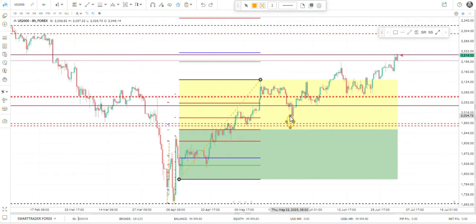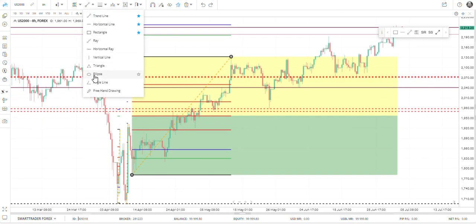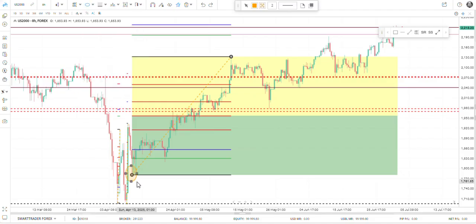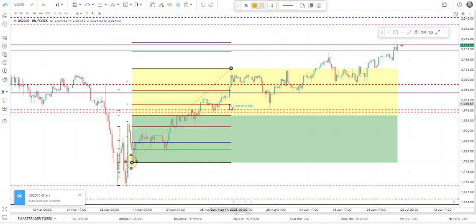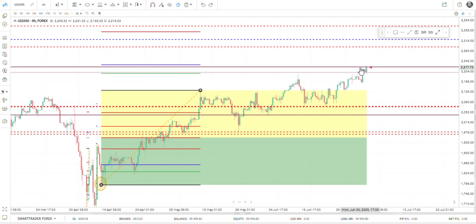All right, so we're going to remove this, and this is going to become our new fib level. So we have a 382 pullback, and price is right above, right at our zone on the 8 hour. So let's continue to work down.